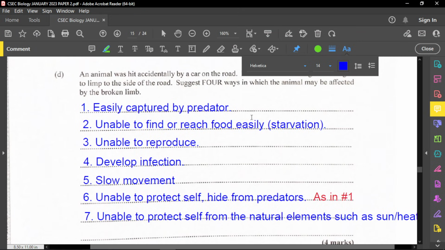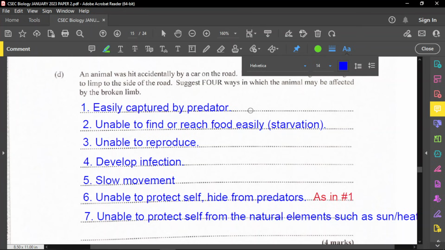One is that you may be easily captured by predators. Two, unable to find food or reach food, and so may lead to starvation, unable to reproduce because now you're incapable of finding a mate or incapable of doing the action that will bring about reproduction.